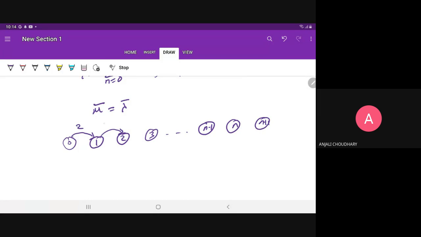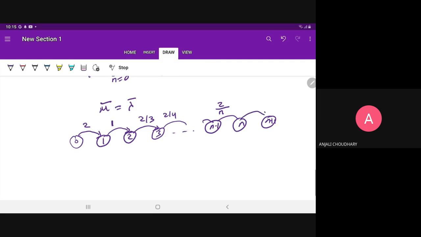Then it is 1, then 2 by 3, then 2 by 4. So you can see it is decreasing, and here we have 2 upon n, then 2 upon n plus 1, and so on.